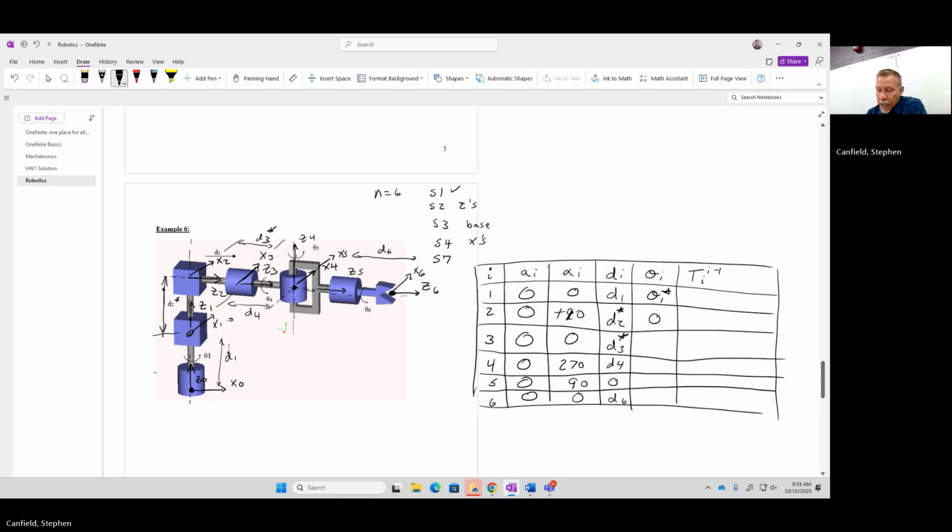Okay, x2 to x3. Now it shows 0 on the table. But we got to ask ourselves, is joint 3 a revolute joint or is it prismatic? If it's a revolute joint, then even though they line up, I got to call it theta with an asterisk.